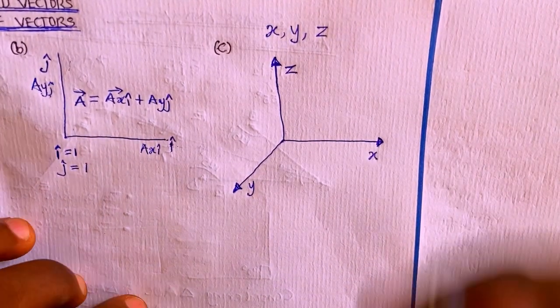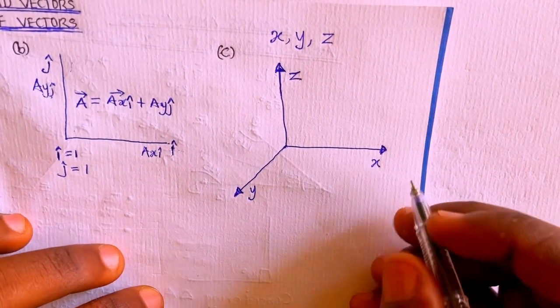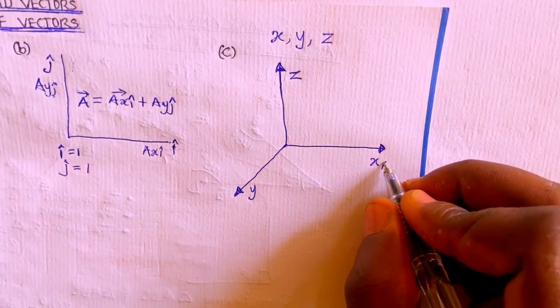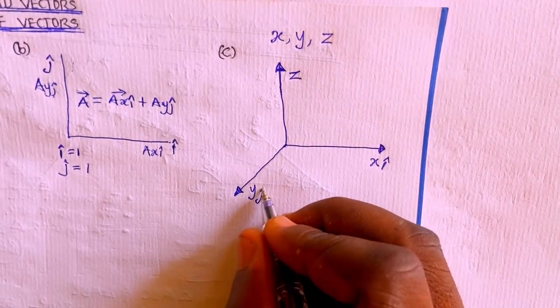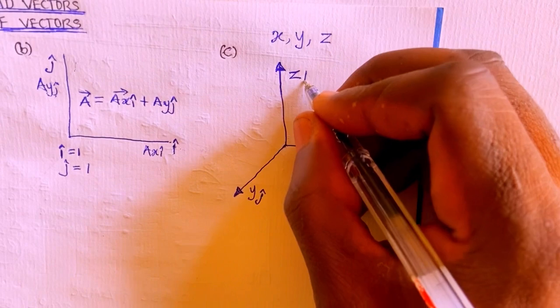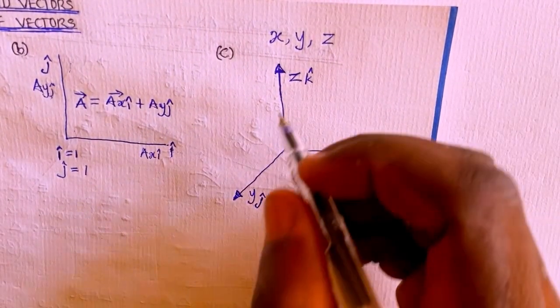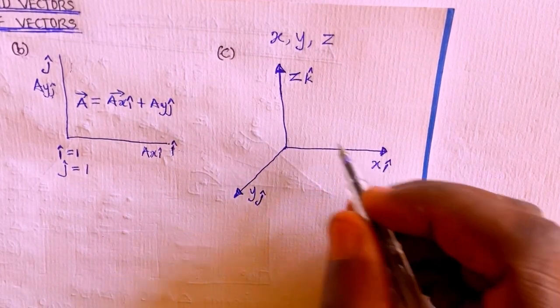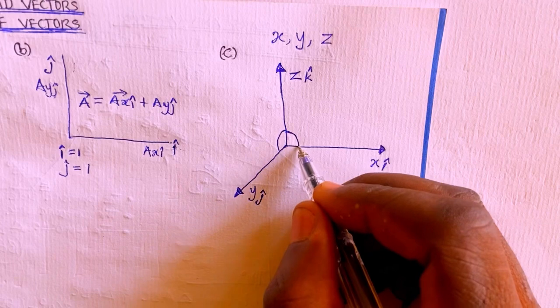So we denote each and every component in their unit vector. I'm going to represent this as xi, right? And this to be yj. Likewise, this to be what? Zk, right? So here x, y, and z are acting at a particular angle to each other, right?